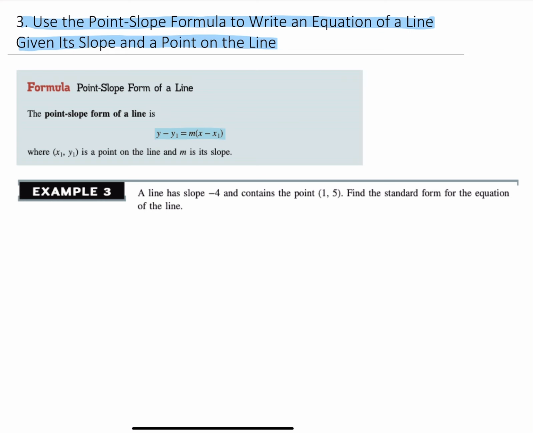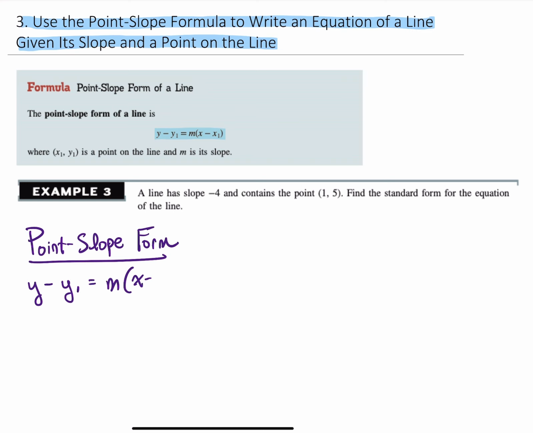And let me write that a little bit bigger down here. So this is called point-slope form: y minus y1 equals m times (x minus x1).